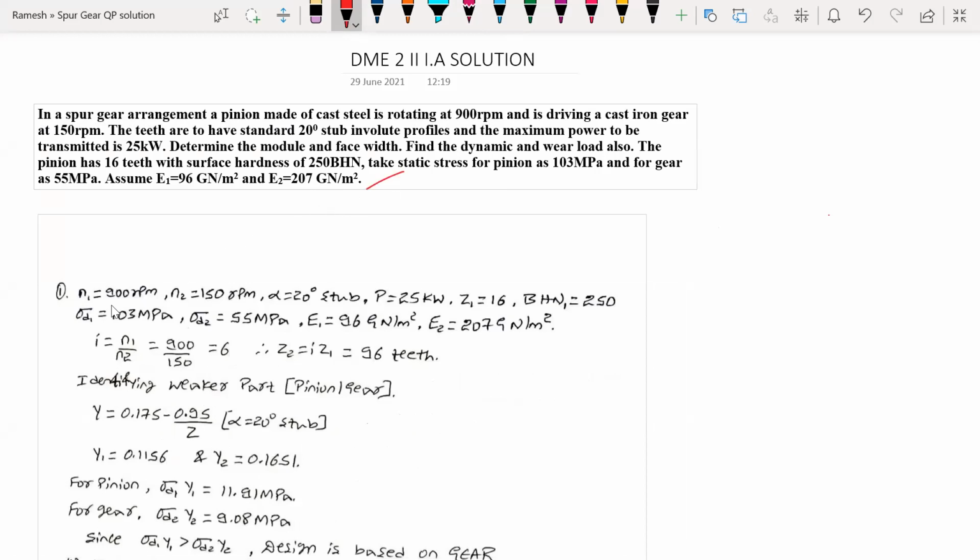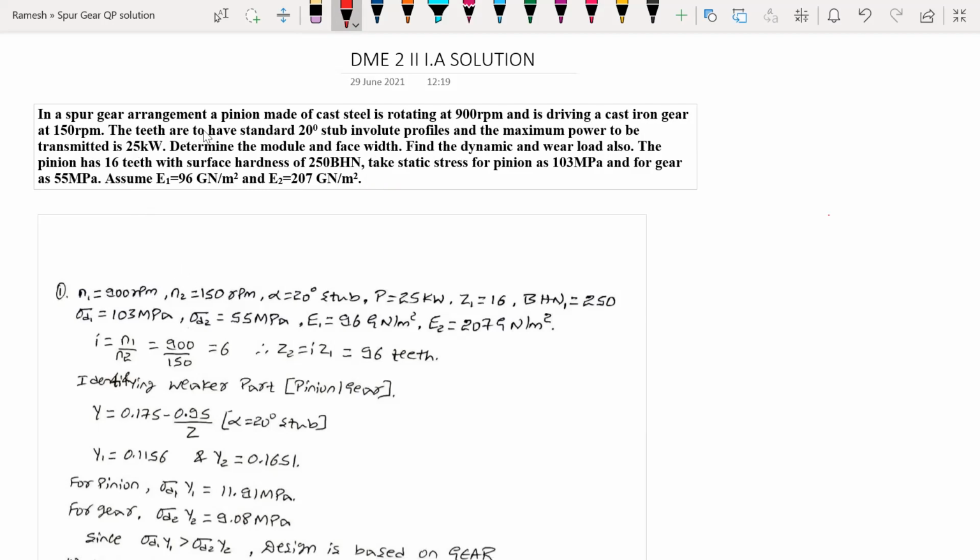The RPM of the pinion is given. Therefore, N1 is 900 RPM. And it is driving a cast iron gear at 150 RPM. Therefore, N2 is given, it is 150 RPM.